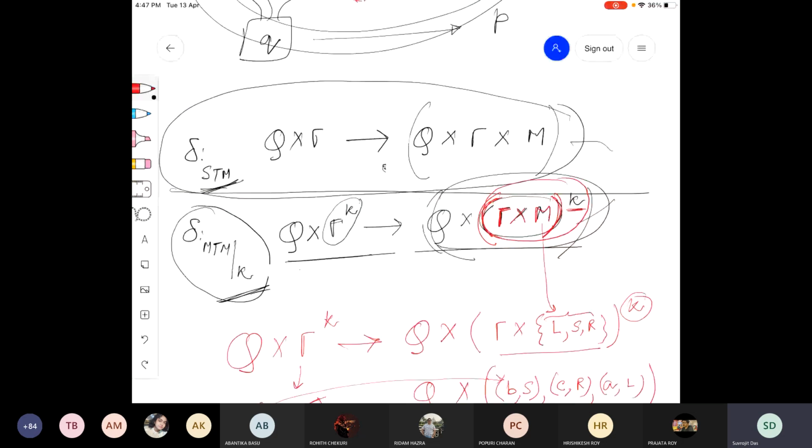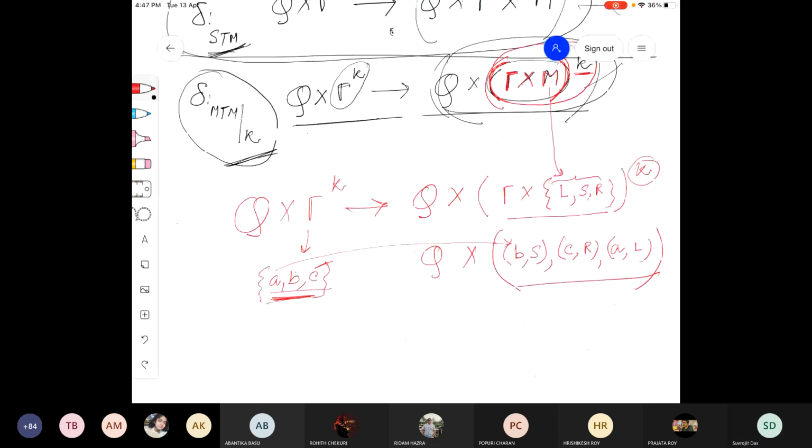So you started with A, B, C: the head of tape 1 was on A, the head of tape 2 was on B, the head of tape 3 was on C. And here I was in state Q. So this was the configuration of the machine.